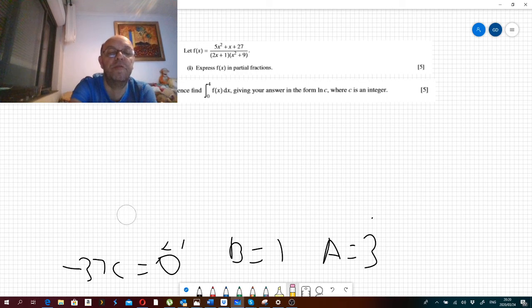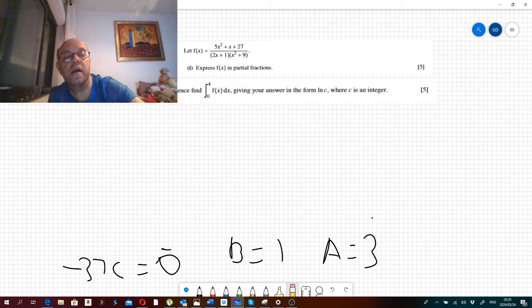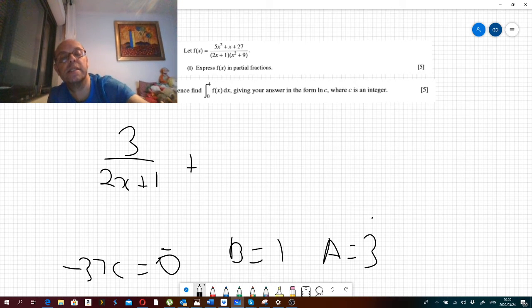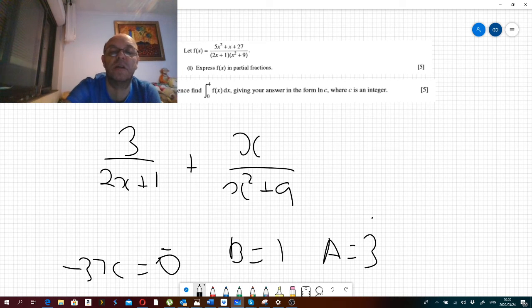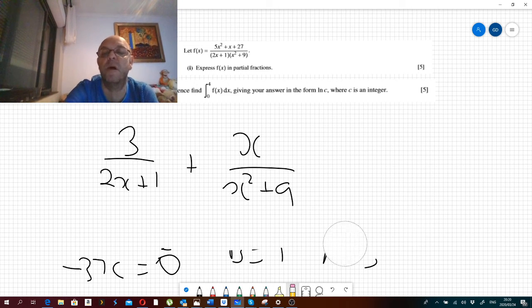So my partial fraction was basically 3 over 2x plus 1, plus x over x squared plus 9. So there's my partial fraction solved, and that's for 5 marks.